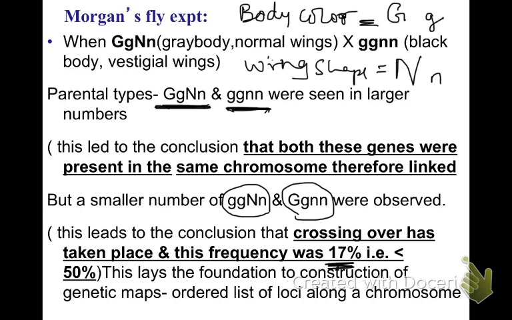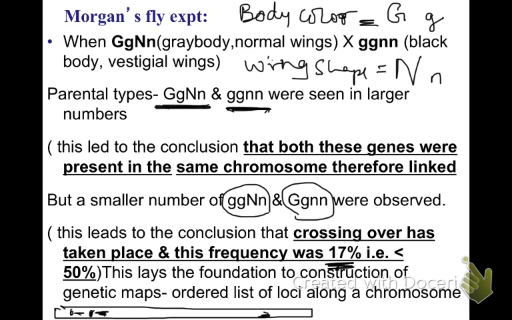This laid a foundation to say we can do this kind of experiment. We can find out how many recombinants you get, and this way we can find out the recombination frequency. This way we can map the genes, or find out in any chromosome where the genes are located, close to each other or far away from each other.